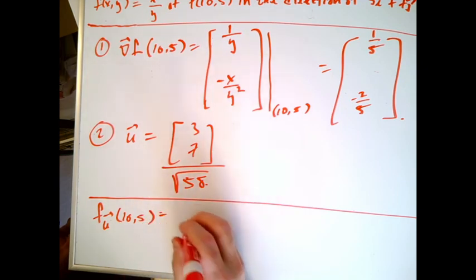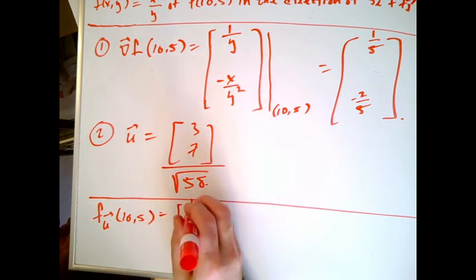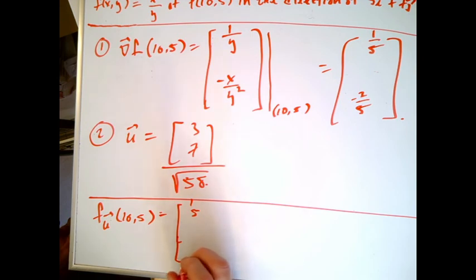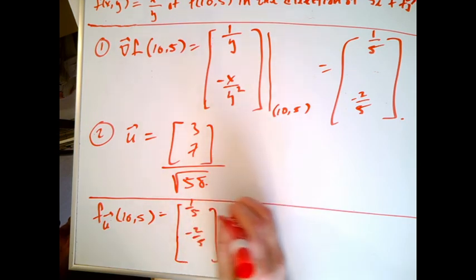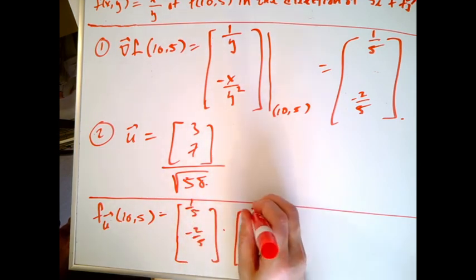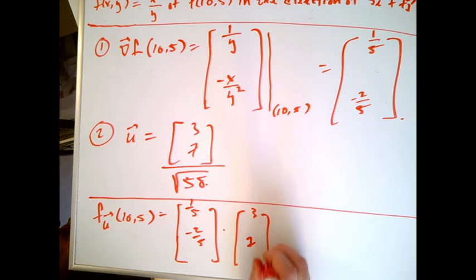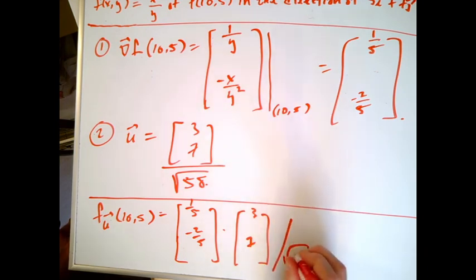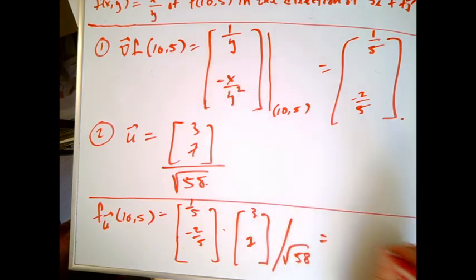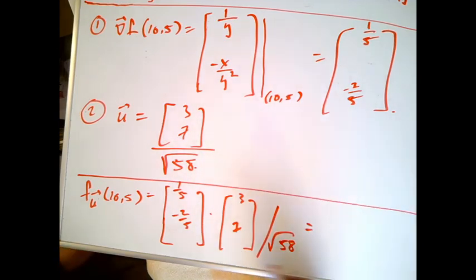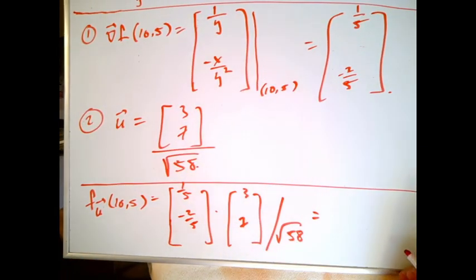So what we're going to get here, I think, is 1/5 here, and minus 2/5 is here. And then we're dotting that with (3, 7). And then when we're all done, we're dividing by the square root of 58. Let's see here. This is going to be 3/5 minus 14/5.